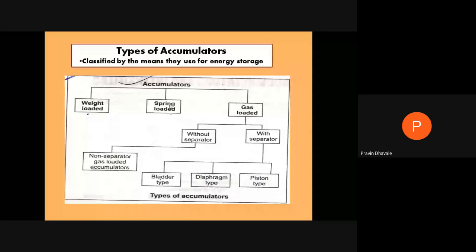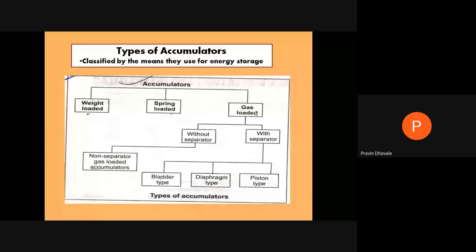Now, the third criteria is the gas loaded accumulator. In the first we use a dead weight, second we use a spring, and in the third we use a gas like nitrogen, which will not mix with most fluids, particularly oil in a hydraulic system.